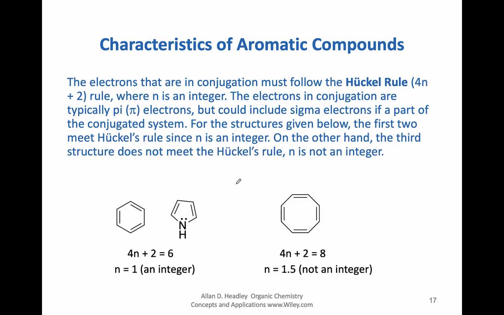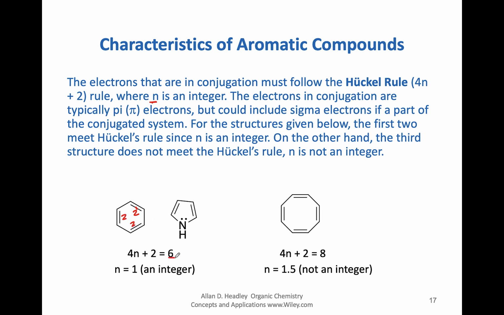Let's look at another characteristic. The electrons that are in conjugation must follow Huckel's rule, which is 4n plus 2, where n is an integer. Sounds like a lot, but let's explain that. So we need to first of all find the number of electrons that are in conjugation, or the pi or the p electrons. So here we have a double bond which has 2 electrons. So here we have 2, here we have 2, and here we have 2.